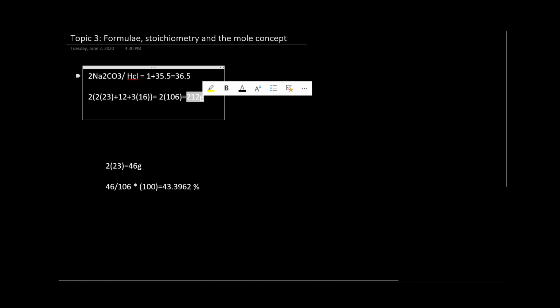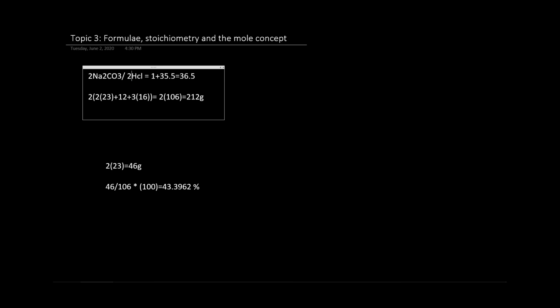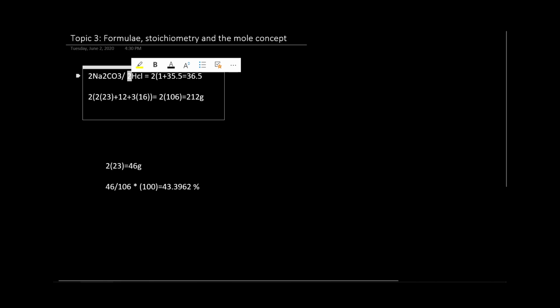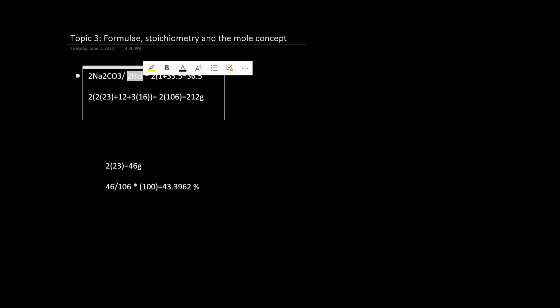What do we do in case of HCl? For instance, there's 2 here, right? Just like before, we just multiply the entire thing by 2, since when we say there's 2 HCl, we inherently mean that there are 2 molecules of HCl present. There's one HCl molecule and there's another HCl molecule, right?